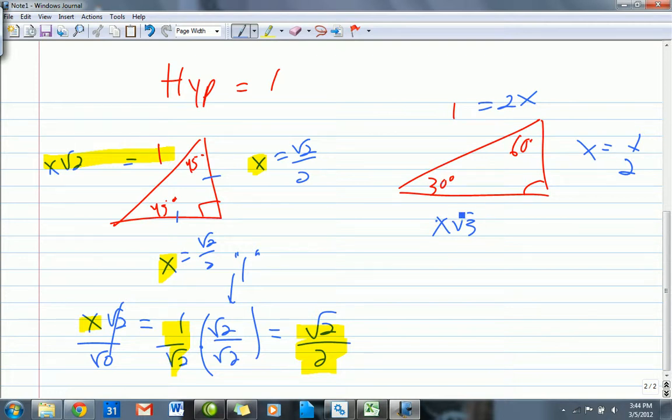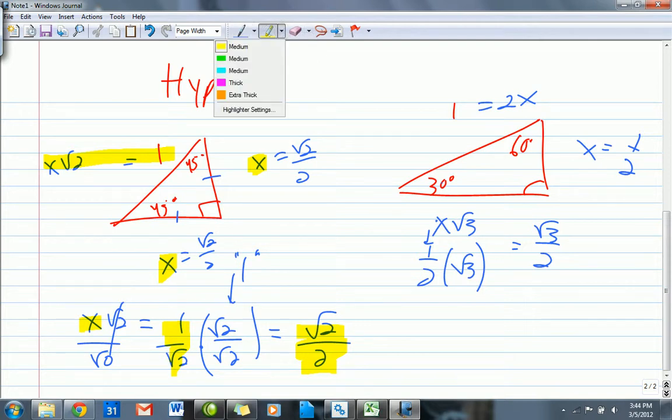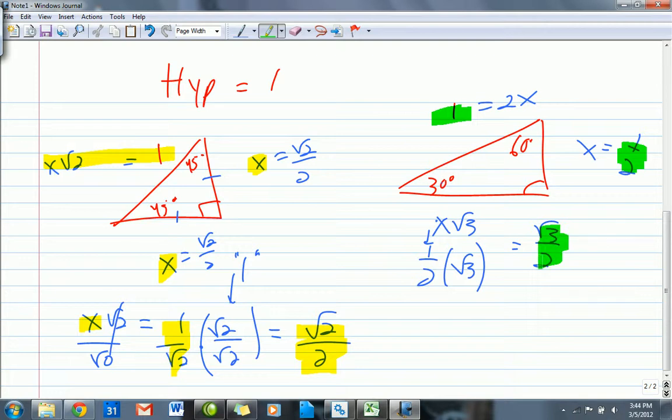Which makes x root 3 equal to 1/2 times root 3, which we call root 3 over 2. So the three sides of my 30-60-90 triangle with hypotenuse 1 will be 1, 1/2, root 3 over 2. The three sides of the 45-45-90 triangle with hypotenuse 1 will be 1, root 2 over 2, root 2 over 2.